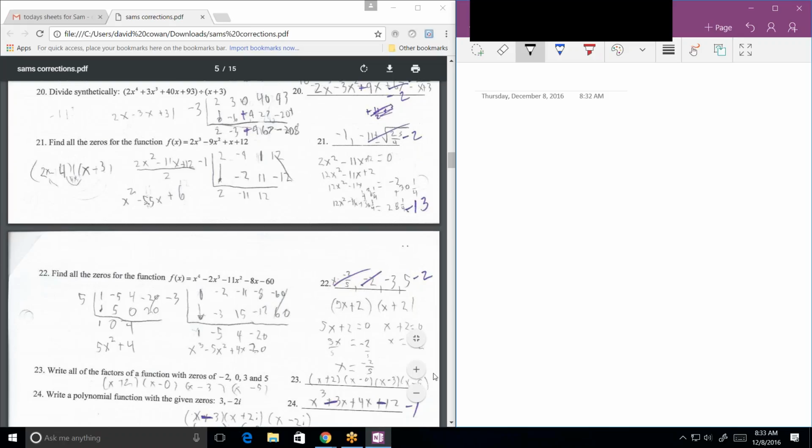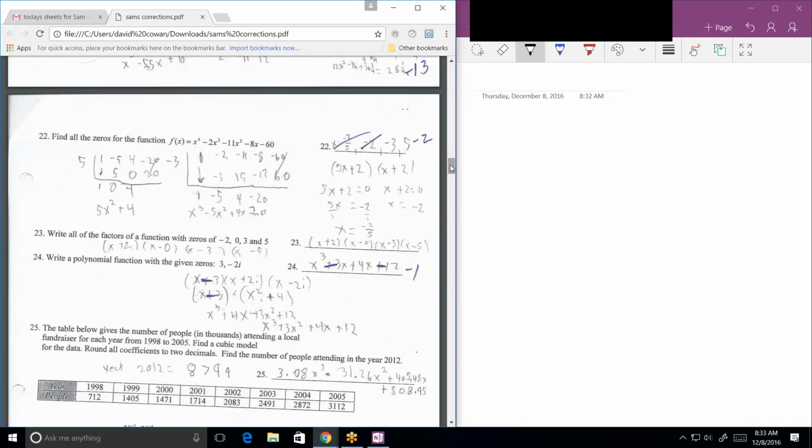Same for 22. Anytime you have cubics or quartics that you cannot group, and there's no grouping in quartics, cubics are the only ones that sometimes you can group. Quartics, you have to apply the rational factor theorem if you're doing it manually, and this is also a 20-minute problem because possible solutions are all of the factors of 60.